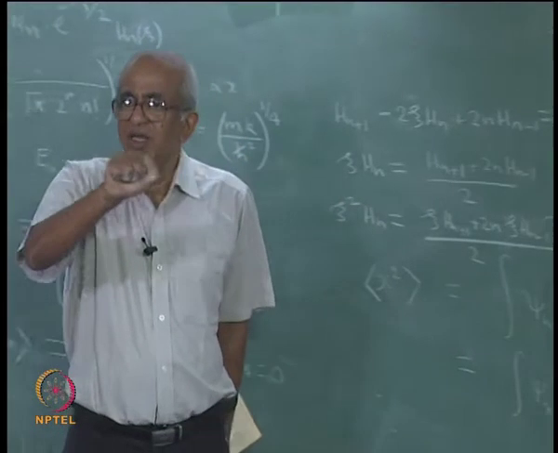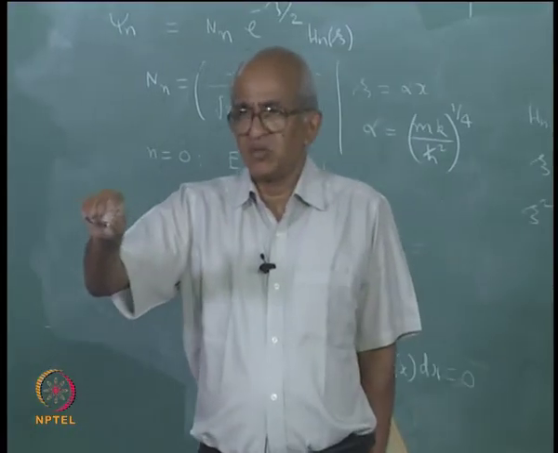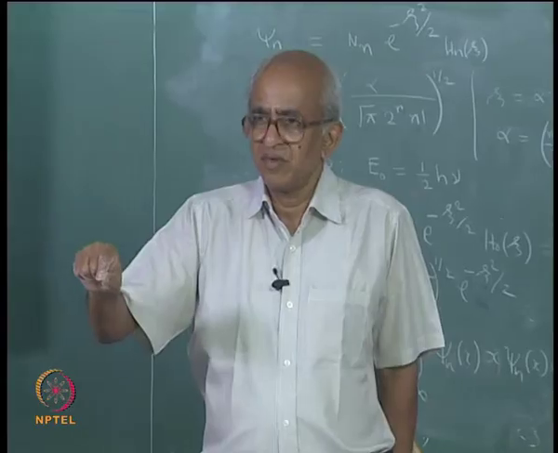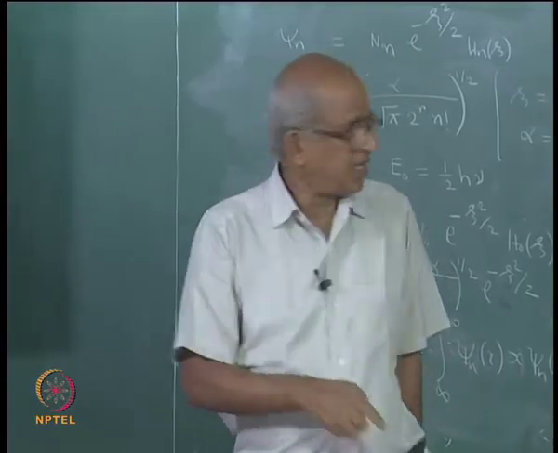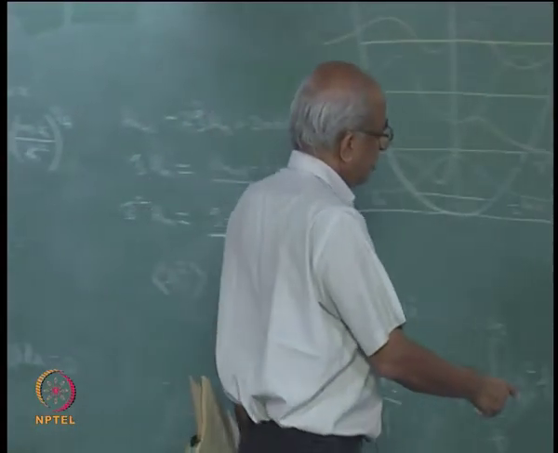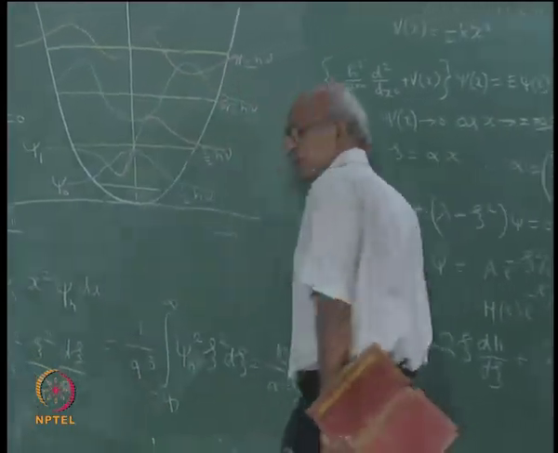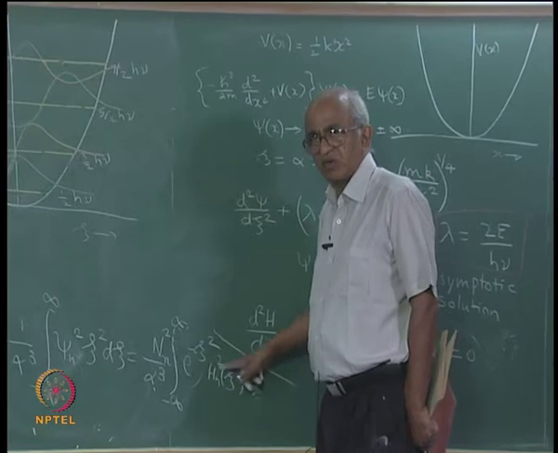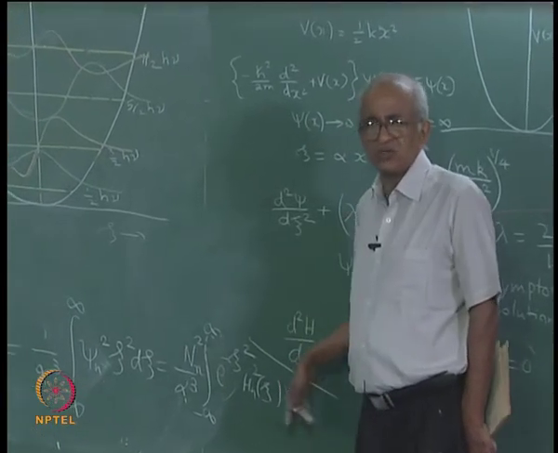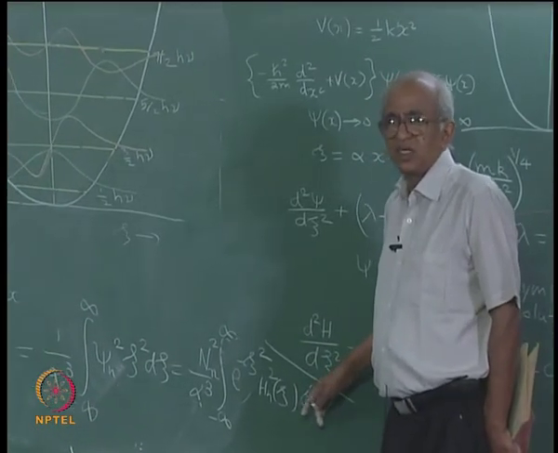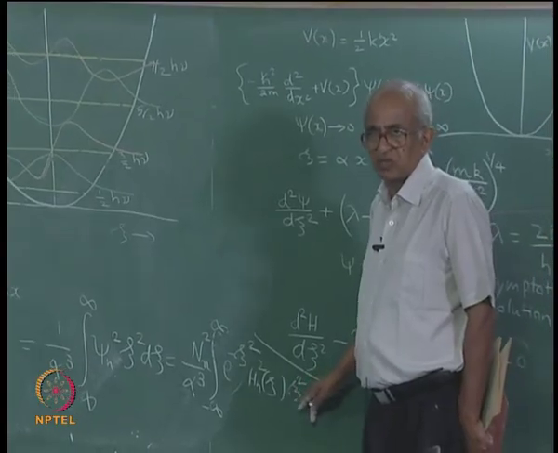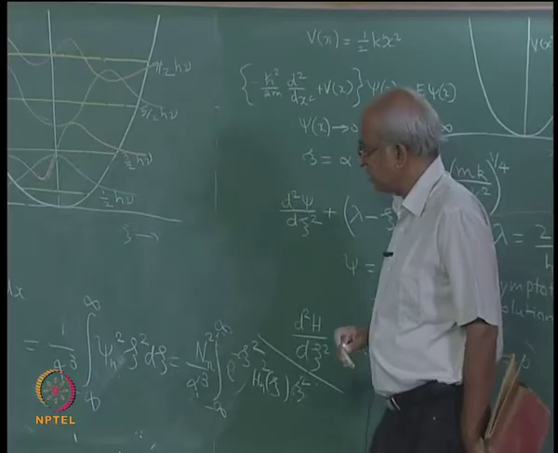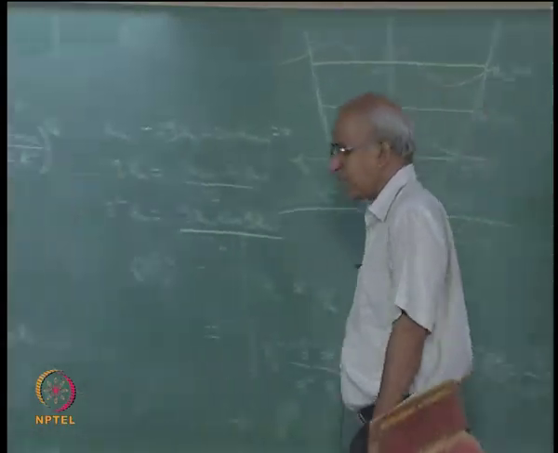So, it is a little bit lengthy algebra which I am not going to do, but if you did it that way, ultimately what will happen, your c square will disappear, and you will have things written in terms of the Hermite polynomials alone, and then you can use the orthogonality theorem and get the answer. This is how the calculation will proceed if you wanted to calculate the expectation value of x square.